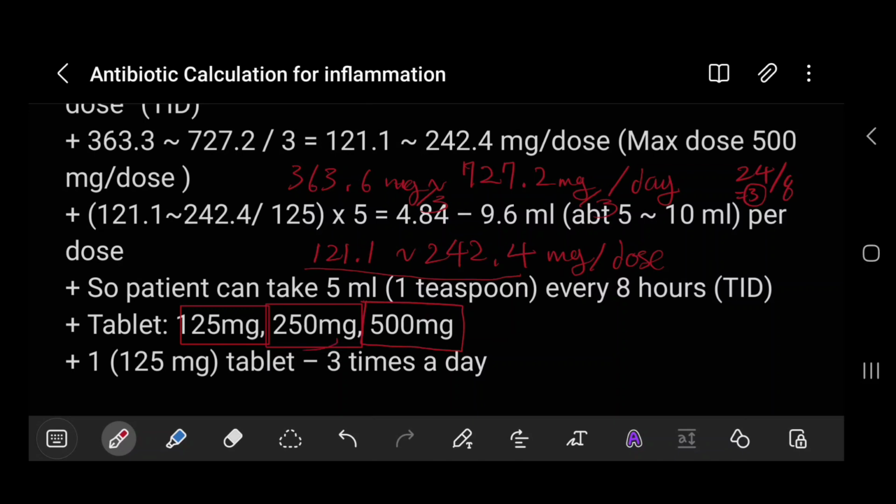But 250, we don't want to go more than this, because this is the maximum dose which is allowed. If we give this medicine, then it'll be too much, right? If we take this 250, it might be too much, but 125 milligram would be good for this patient, because it is within the range and it is at the bottom line of the range.